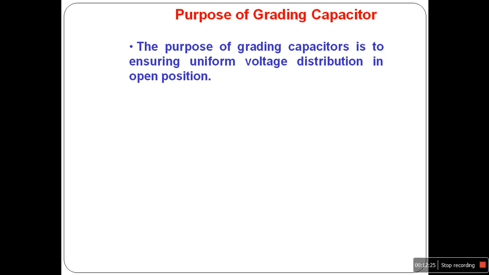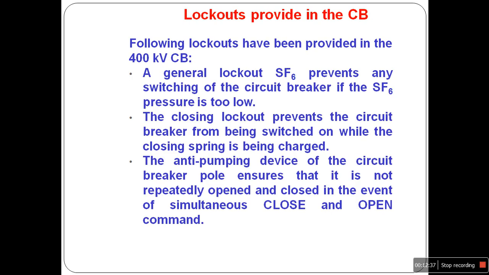So this is the answer. If you go to higher levels of voltage, you will use multi-break circuit breakers. So that was about the circuit breaker used in 400 kV switchgear.